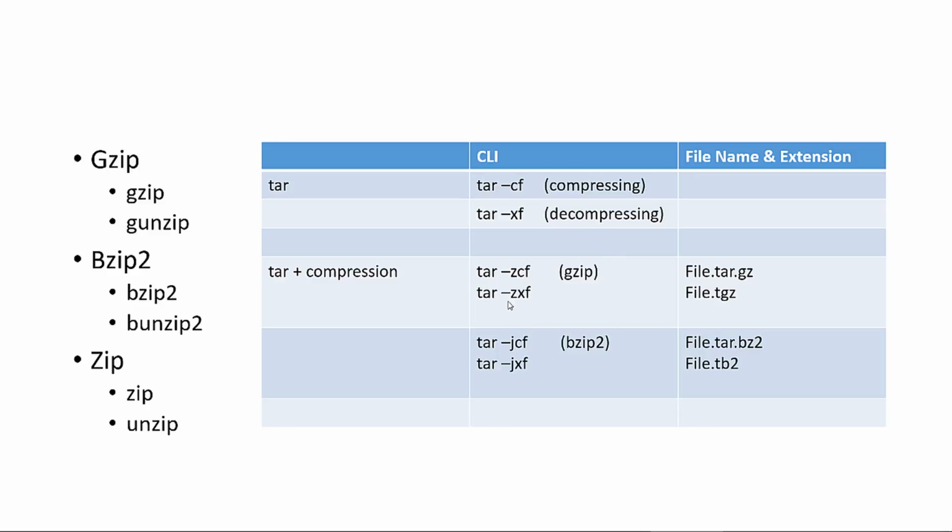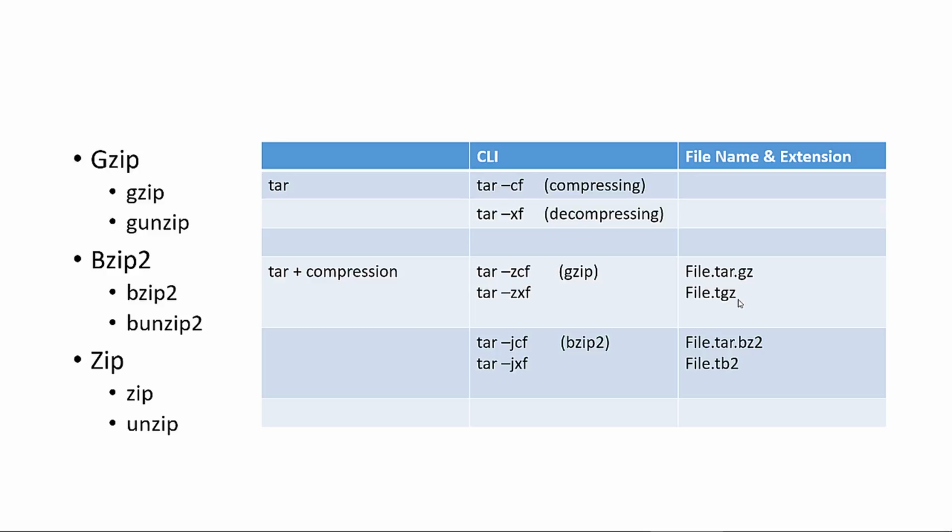And if we want to decompress, extract, or inflate them, depending on the wording you want to use, we would use tar -zxf, because again, X is for extract, C is for compress. And once we're done, that file will have a name like file.tar.gz. If you're used to the Windows standard 8.3, a file name with a three-letter extension, we can shorten that to file.tgz.